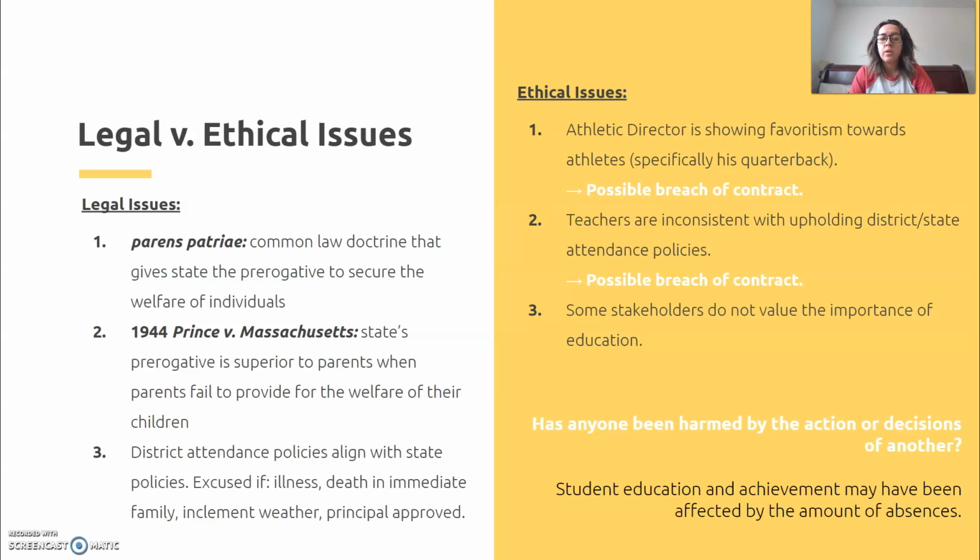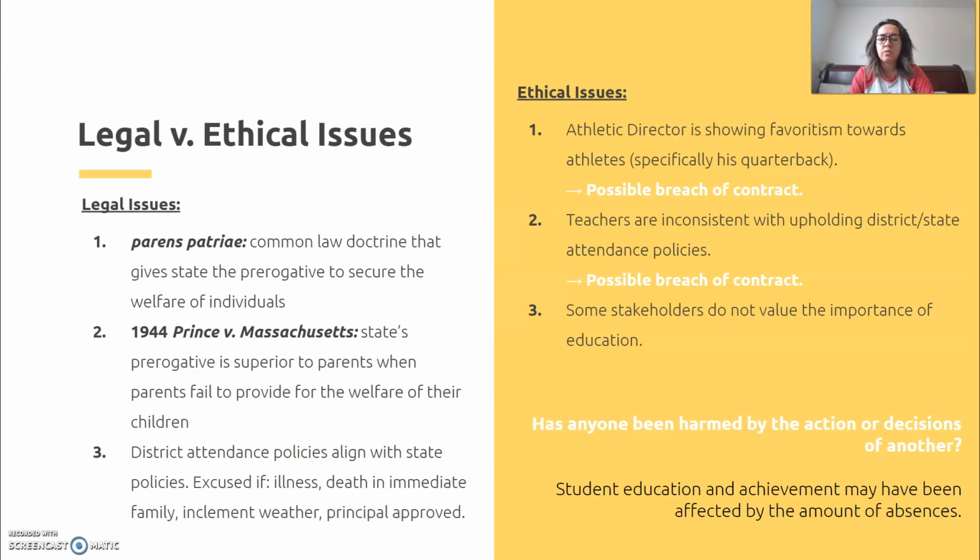From there, we move into 1944, Prince versus Massachusetts. State's prerogative is superior to parents when parents fail to provide for the welfare of their children, and this includes education. Education is mandated for students, so if parents are failing to provide that for their child, the state mandates that, and the state has higher say than the parents.